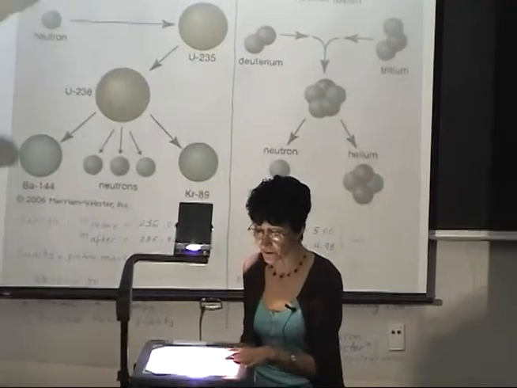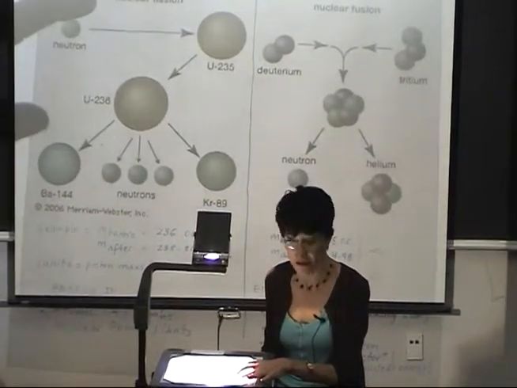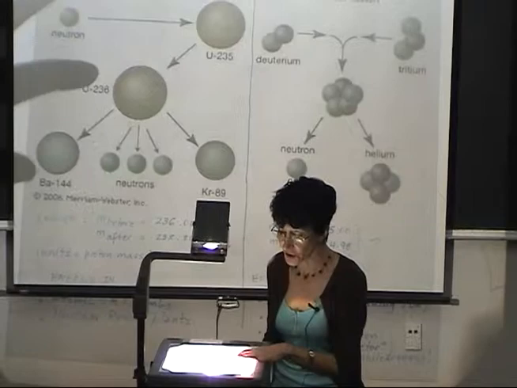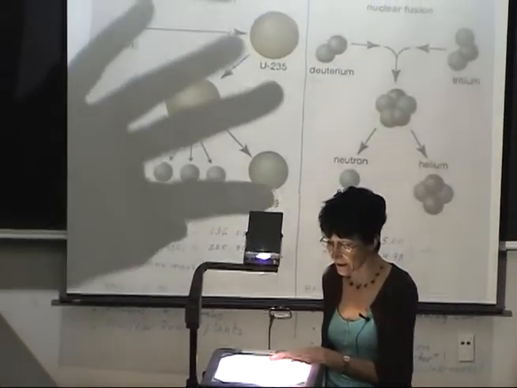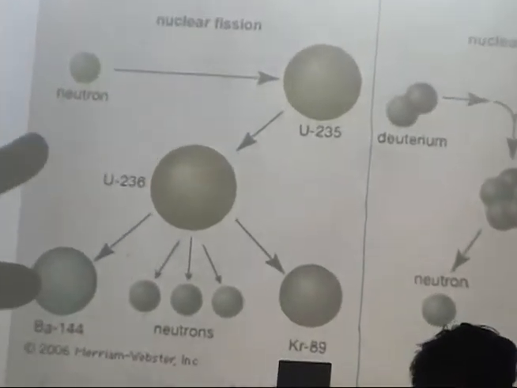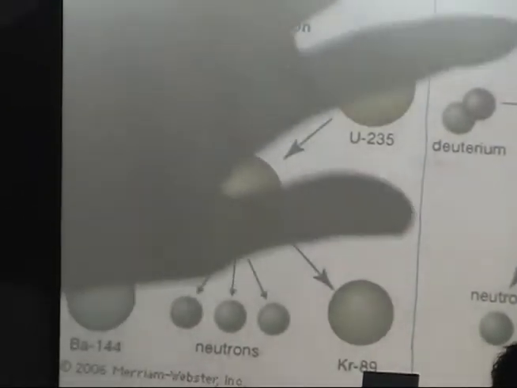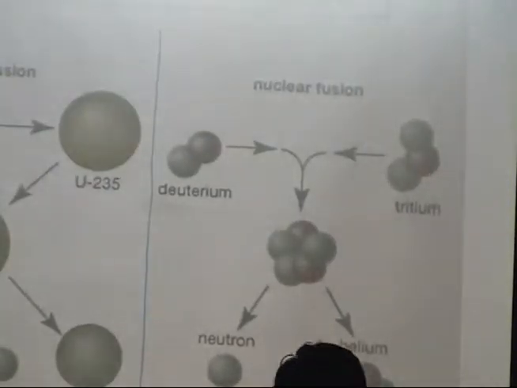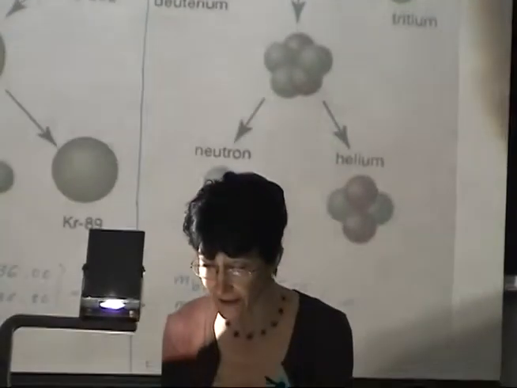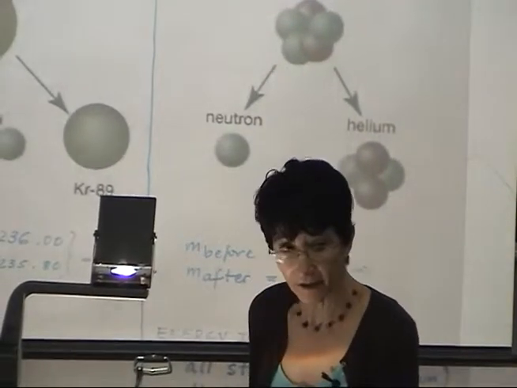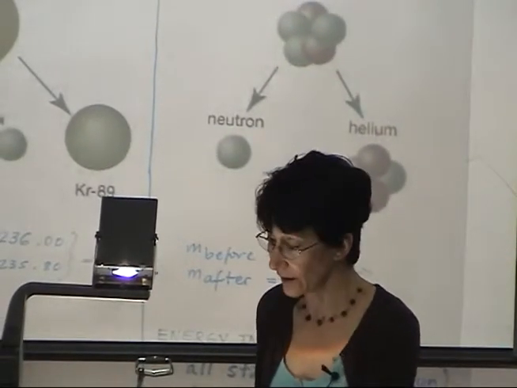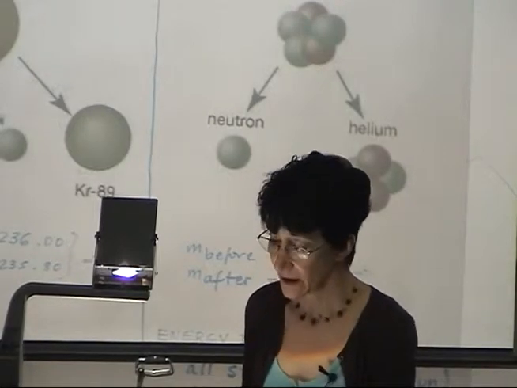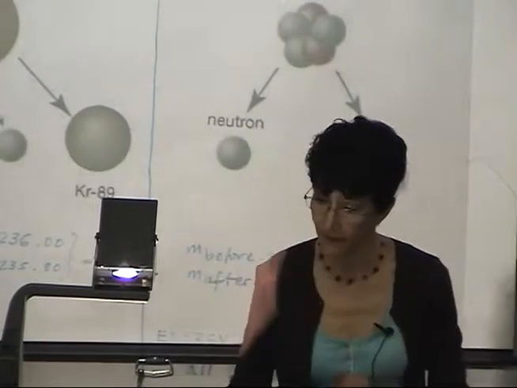This can happen through nuclear fission, in which a large nucleus divides into other smaller nuclei, or nuclear fusion, in which smaller nuclei form a larger nucleus. But in both cases, the final mass of all the reaction products is smaller than the initial mass.